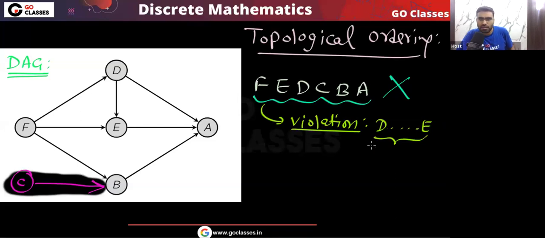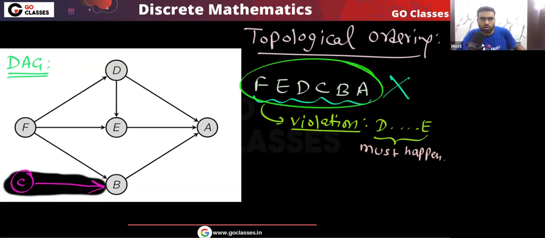Is this clear? This must happen. This is not a topological order because there is an edge from D to E, so D must come before E. There is a violation here. Is this clear? Very simple point.